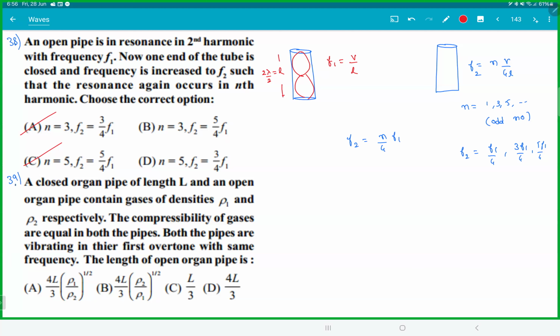Again density rho 1, rho 2, and compressibility. I hope you remember what compressibility is: 1 by bulk modulus. Both the pipes are vibrating in the first overtone. The length of the open organ pipe is... it is just all formula manipulation. There is nothing there. Try, you got 2 minutes.